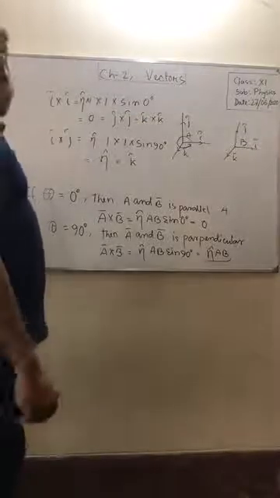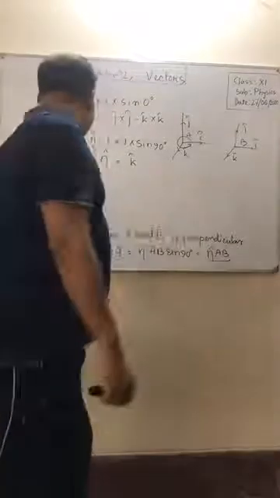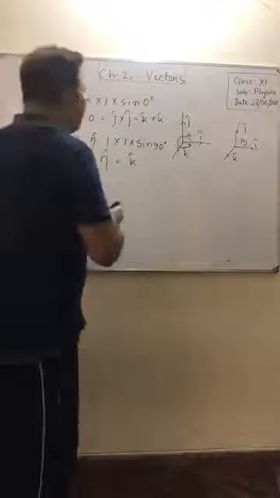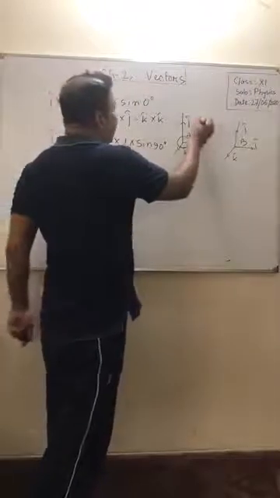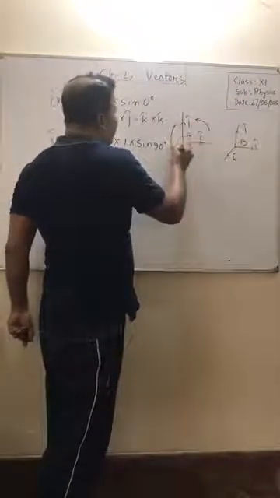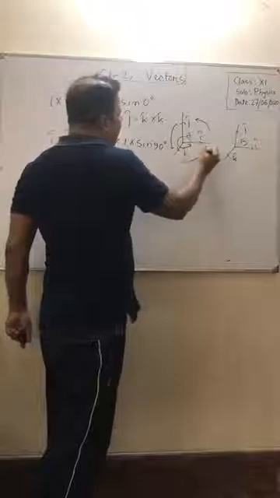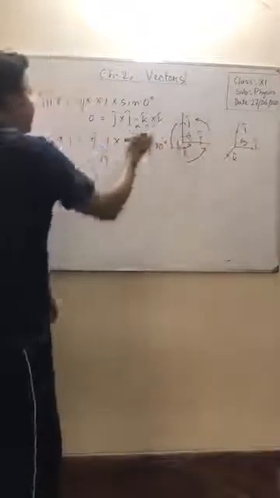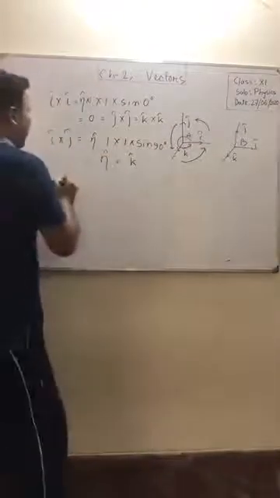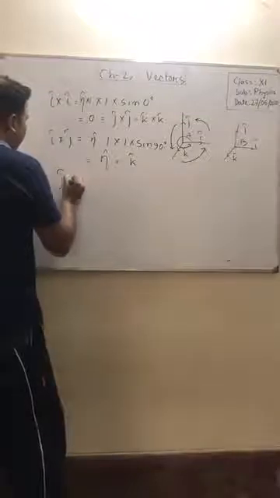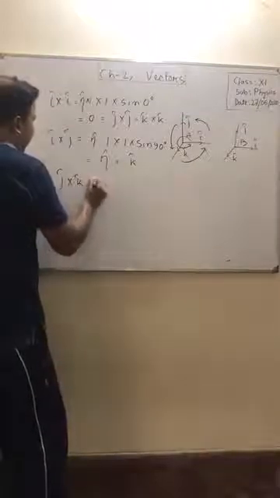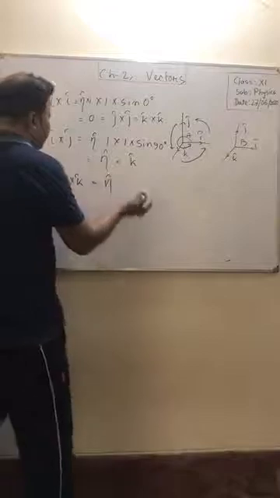Okay, so we said that in the other cases we go from here to here, i to j. Now we go from j to k. Another way, we go from k to i. Now the second one, we go from j to k, j cross k, which comes from eta cap.